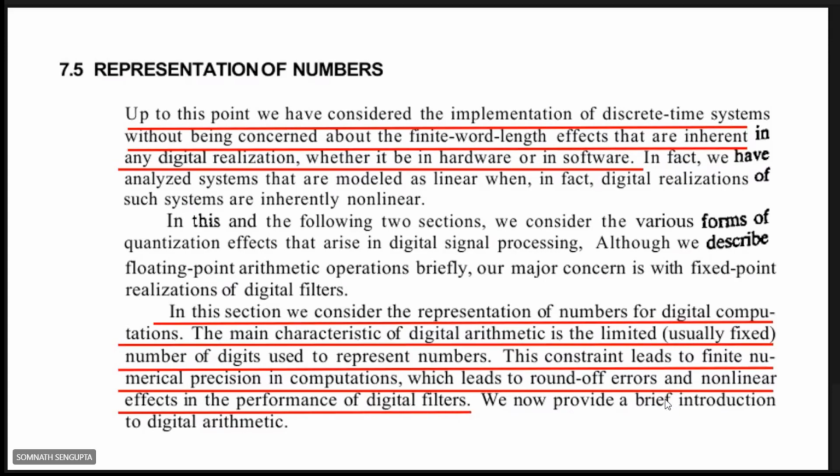So in that case, the filter coefficients will change and it may affect the spectral characteristics of the filter. Okay. So what kind of effects arise in those cases, that should be analyzed.